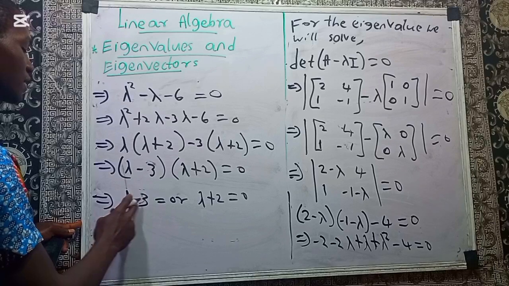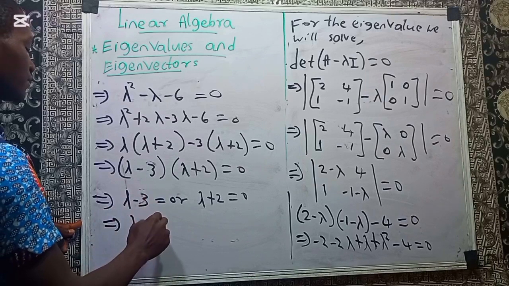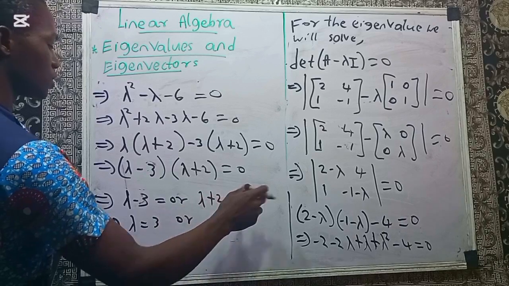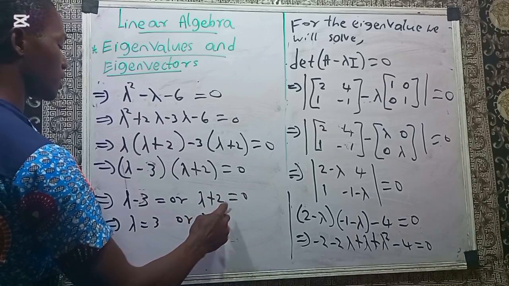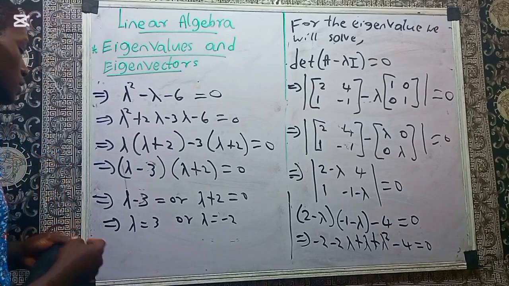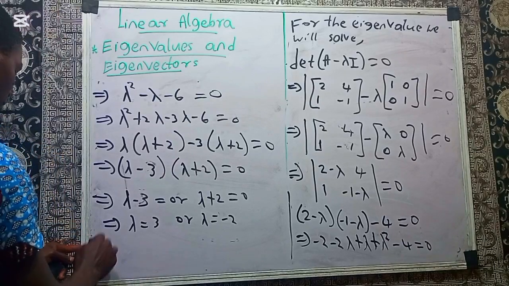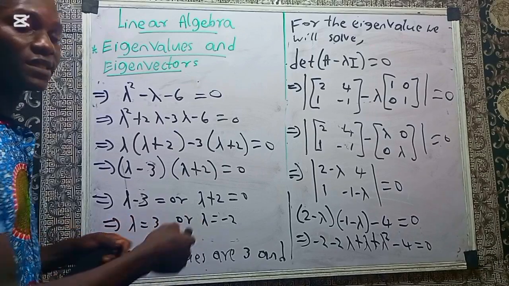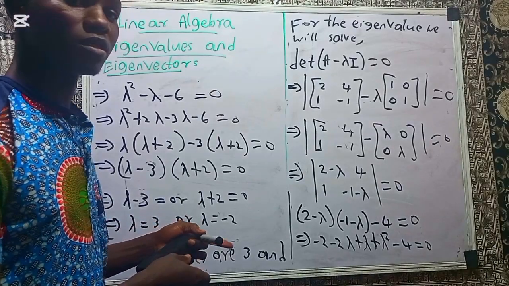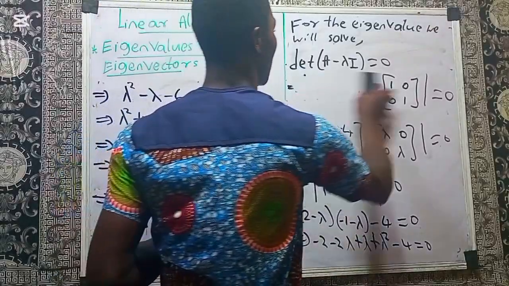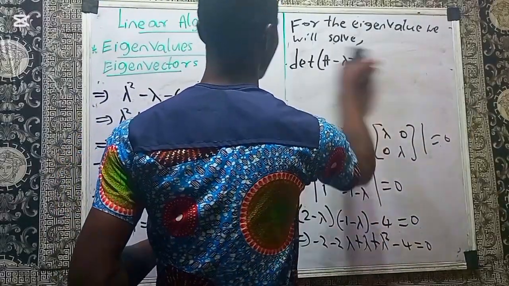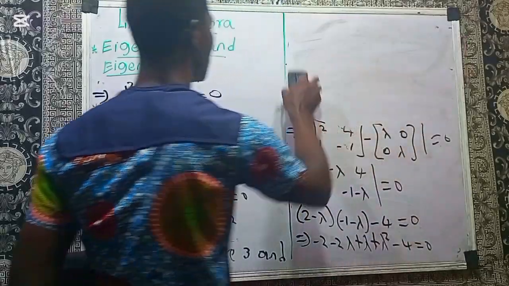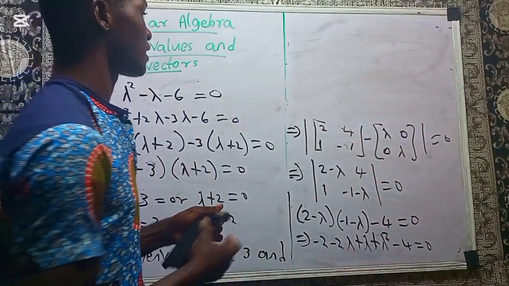This implies if you move -3 to the right, you have lambda will be +3, or if you move +2 to the right, you have that lambda will be equal to -2. So these are the eigenvalues. So from what we got here, the eigenvalues are what? 3 and -2. The 3 and -2 are also the eigenvalues of the linear transformation as well. So with this we have gotten the eigenvalues of the linear transformation.